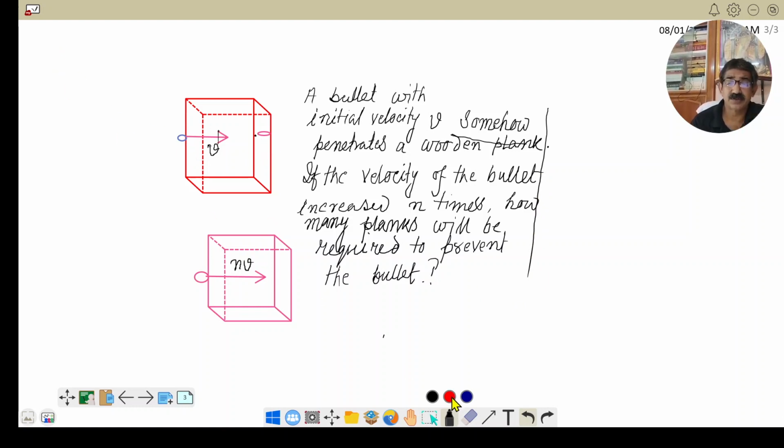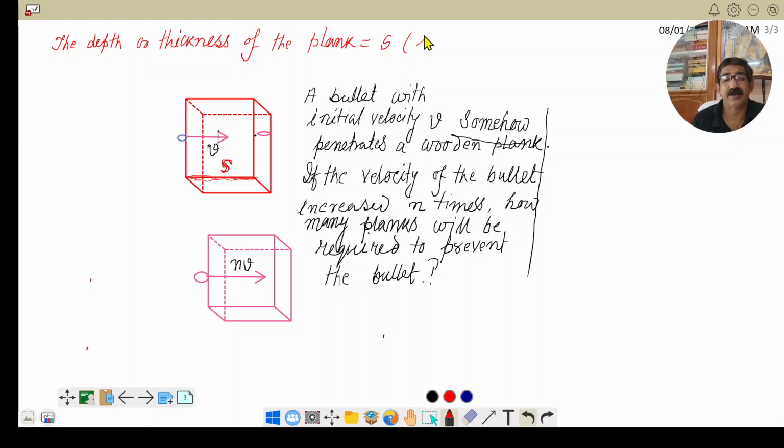If the distance, that means the depth or thickness of the plank, is equal to S. Depth means the thickness of the plank. We are supposing the depth or thickness of the plank is equal to S.